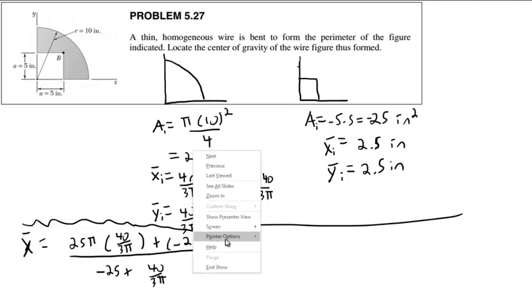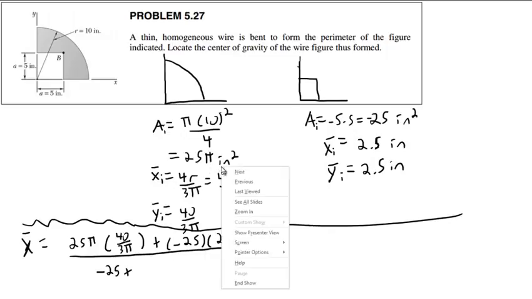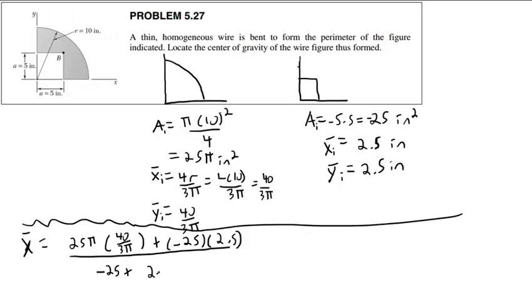Oh, no, that's not right. Sorry. Plus 25 pi. And that's just going to come to an ugly decimal, so I'm just going to throw that in the calculator.